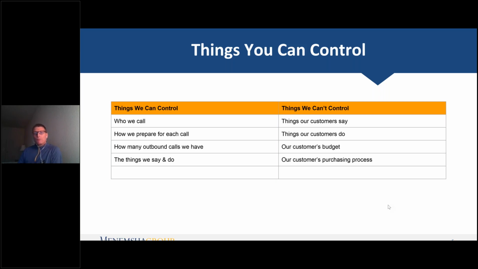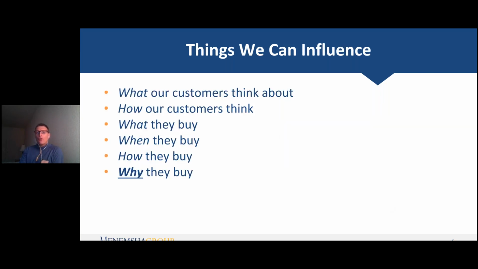So those are the things we can control. Those are the things that we can't control. But here's the thing. The whole profession of sales is really based on our ability to influence our customers. In fact, it probably doesn't say this in your job description for all the salespeople on the call right now, but what you see up on the screen actually should be in your job description.